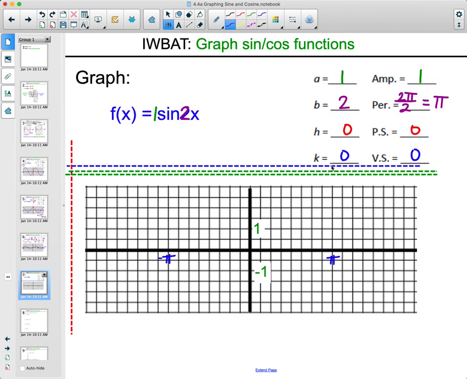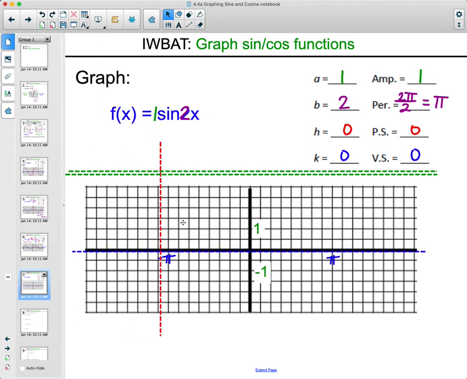Now we don't have any phase shift or vertical shifts, so we could put these blue and red lines in because they're not going to matter based on the period at all. They're going to be at 0 and 0. So now when we go to deal with the period, this b value is going to shrink this graph. Instead of it taking 2 pi to get from here to here, the length of this is shortened to 1 pi.